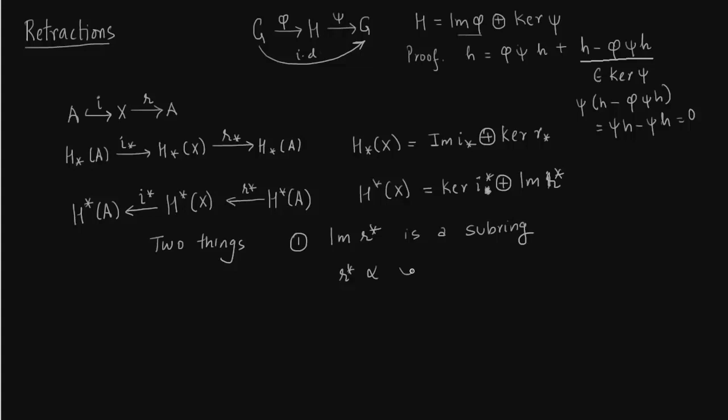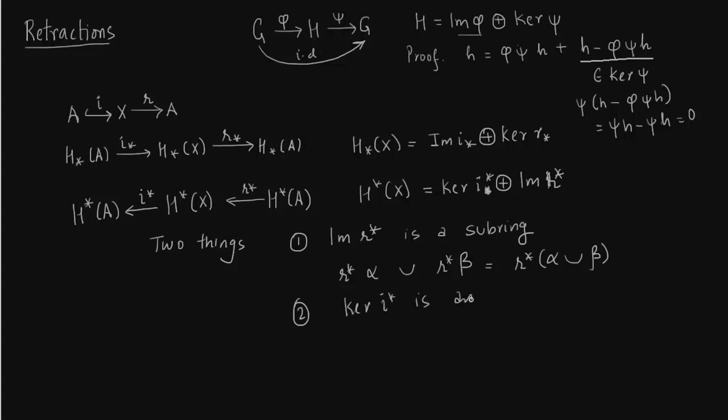We have to prove the following: R star alpha cup R star beta, where alpha and beta are elements of the graded ring on the space A. You take any two elements, you take their cup product, and you still end up in the graded ring of X. That shows it's a subring.